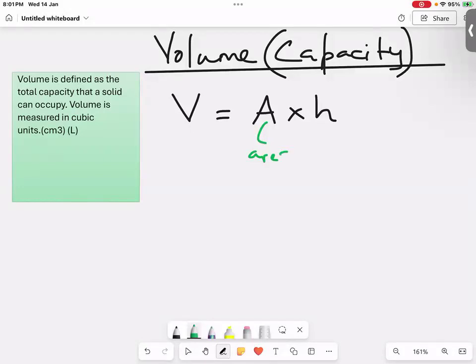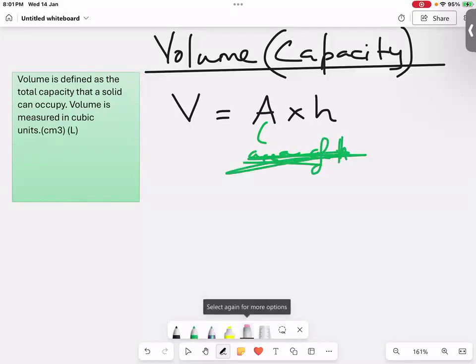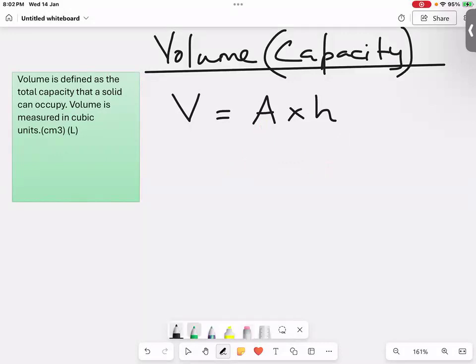It doesn't just stand for area, but it actually stands for the area of the cross section. So A stands for the area of the cross section.